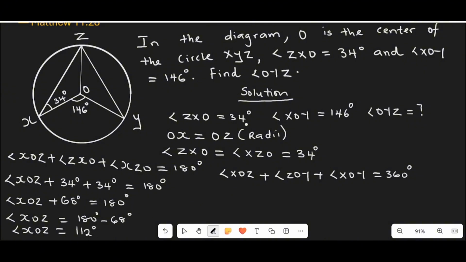Our angle XOY is given to us as 146 degree. So let us substitute them into this equation.